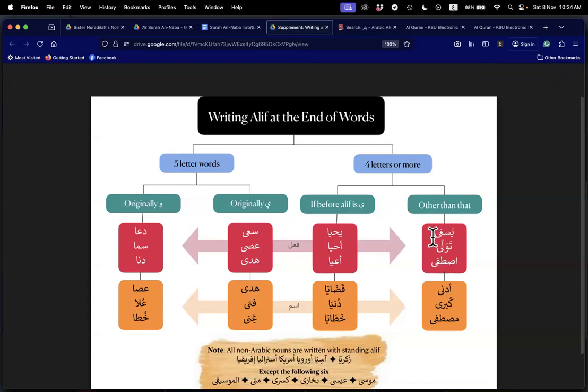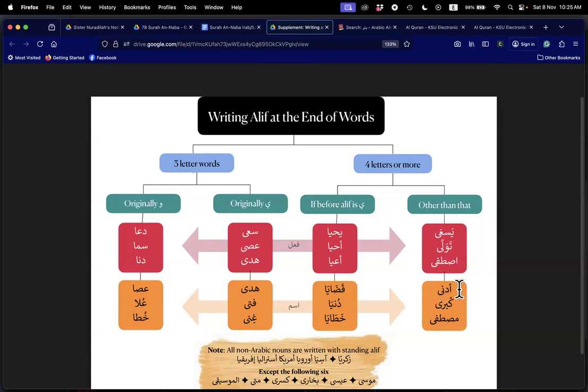So when you want to write this one, you always write with alif maksura. It doesn't matter if the root letter is waw or ya. Once it is 4 letters or more, it will be alif maksura. Okay, yas'a, tawalla, this is madi, family 5. Istafa, madi, family 8. Same thing with ism.